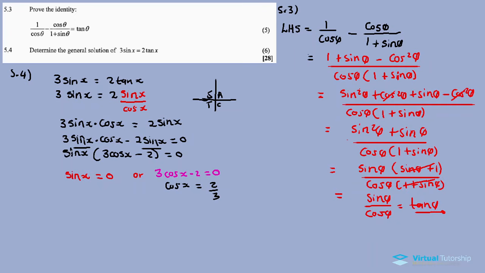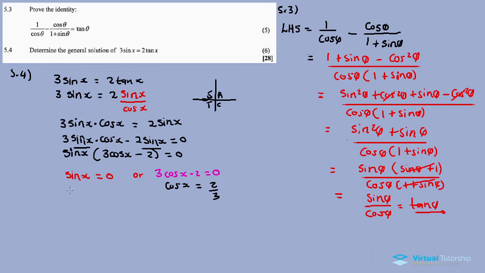So imagine a graph of sine. Then we ask ourselves where sine is 0. It's whenever our angle x is equal to 0, or let me say sine x is equal to 0 where we have an angle of 0 and 180 degrees.